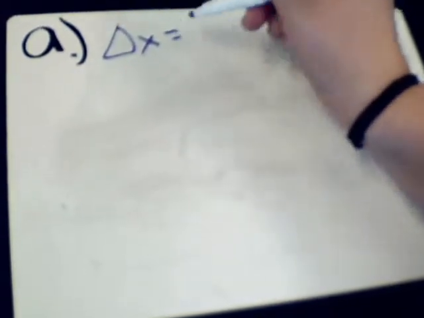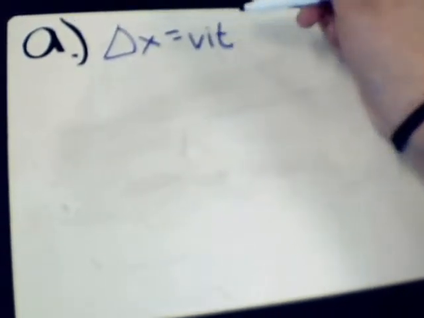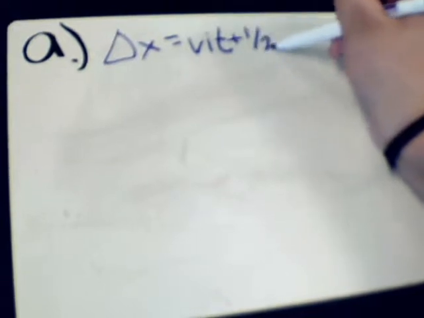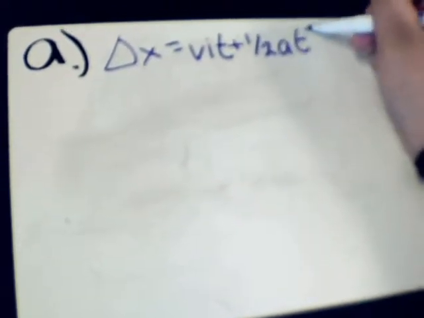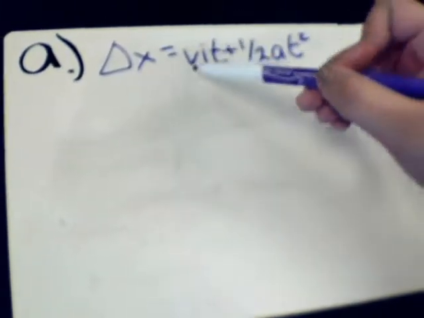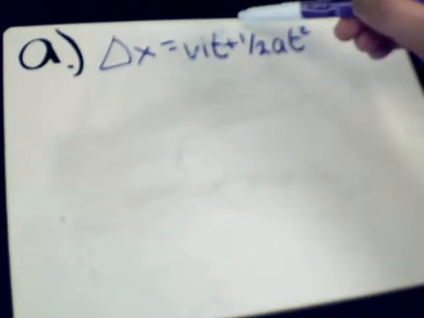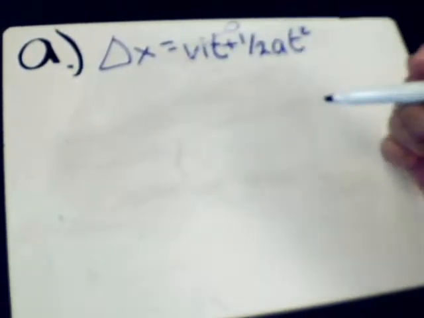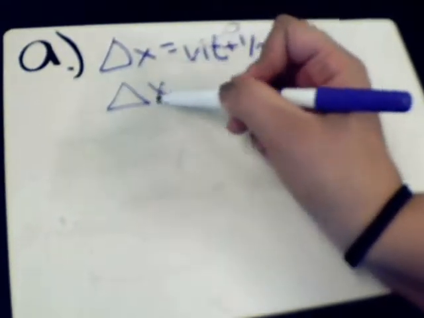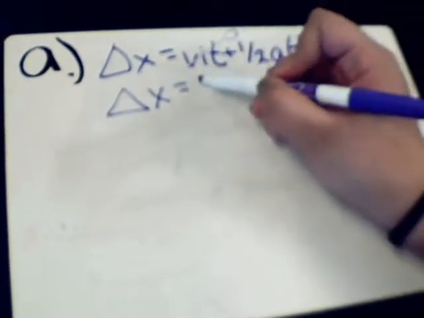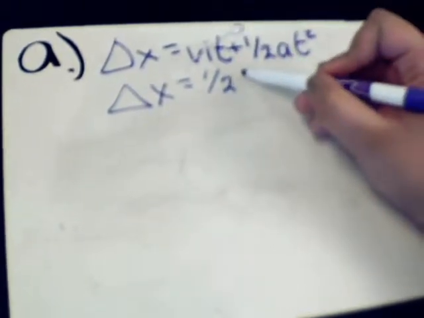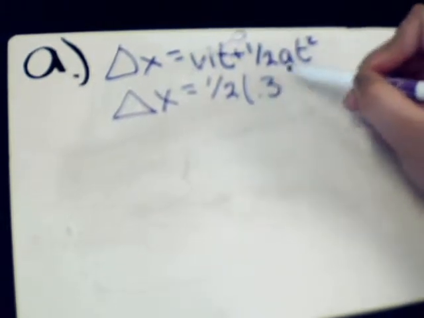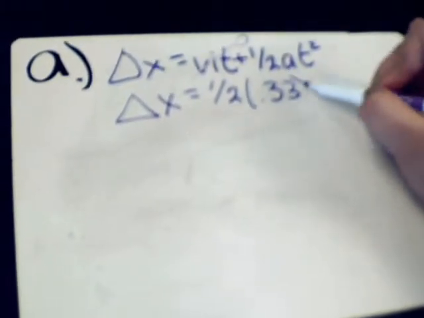The problem for letter A is how far does the cart move in 3 seconds from rest. So we're going to use the equation delta x equals VIT plus 1/2 AT squared. Since the cart starts at rest, VIT cancels out and goes to 0.